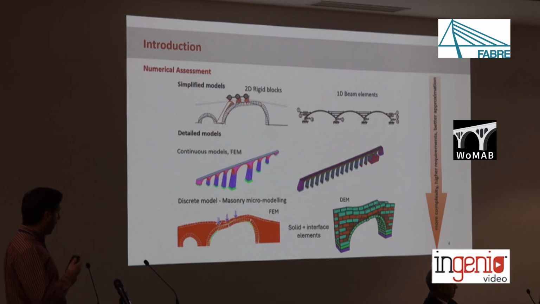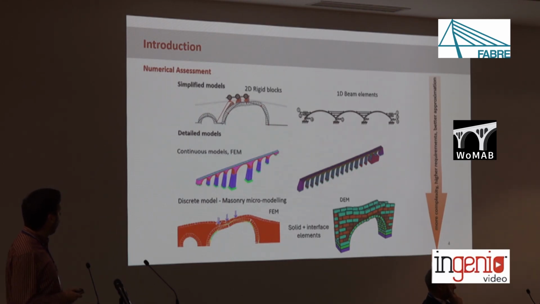In terms of different strategies for the numerical assessment of this type of bridges, we can use simplified models like the rigid blocks or the 1D beam elements. Although they are very quick and easy to use, they have some limitations in terms of in-service assessment.